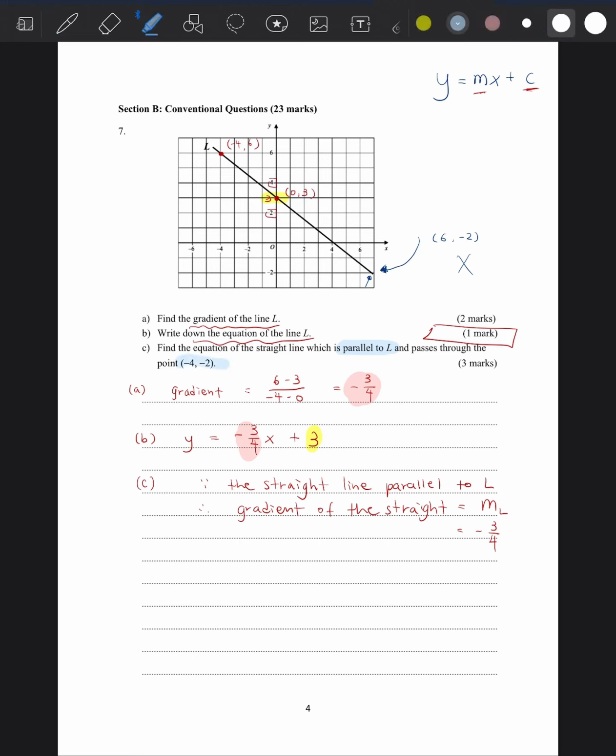And then it says it passes through the point here.